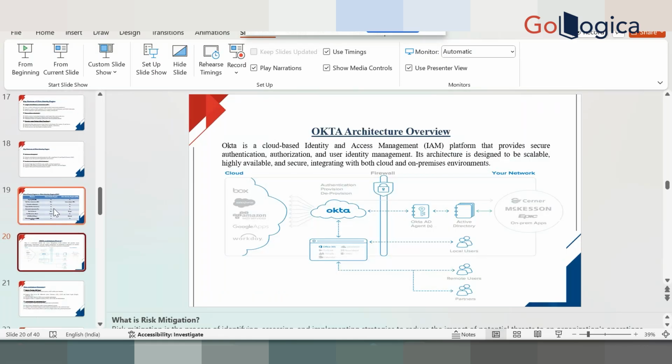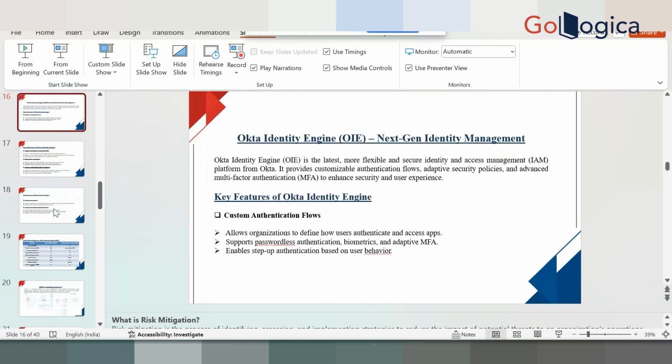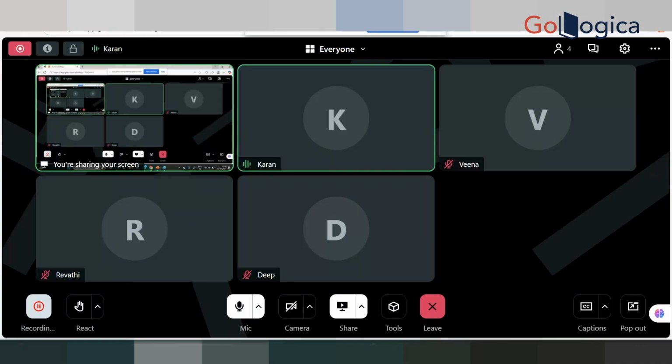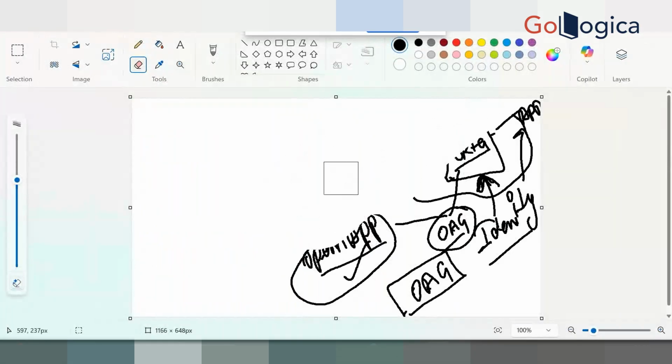Then this is one of the architectures of Okta. I will demonstrate this Okta architecture in tomorrow's session, because it requires a little brush-up on all the things we have learned so far in Okta.